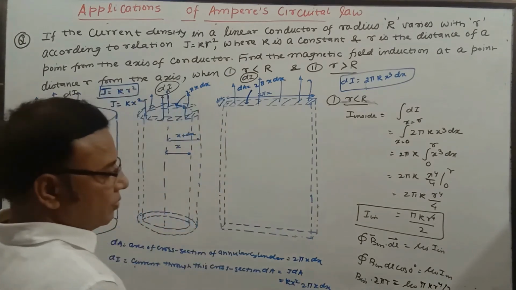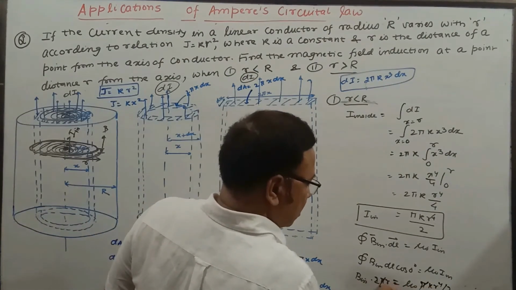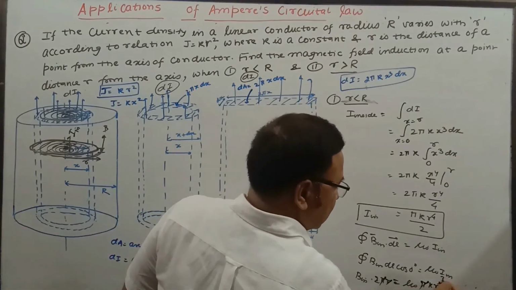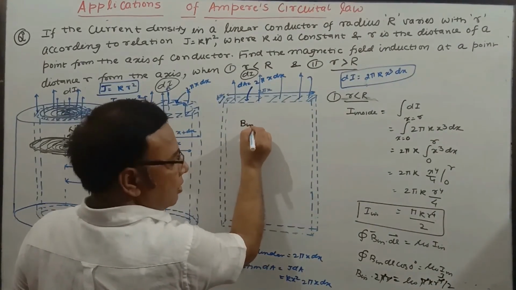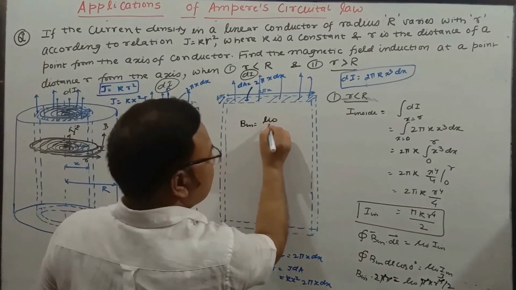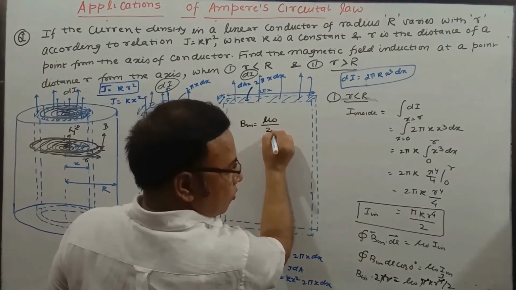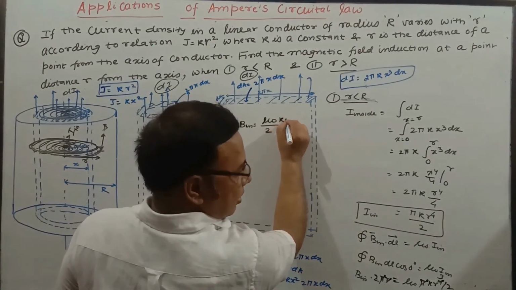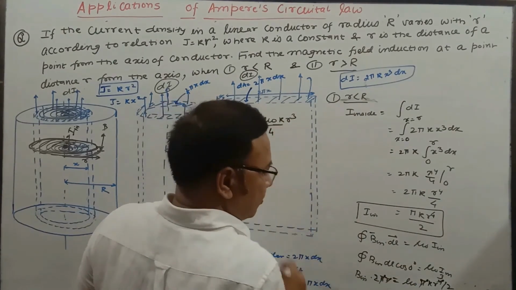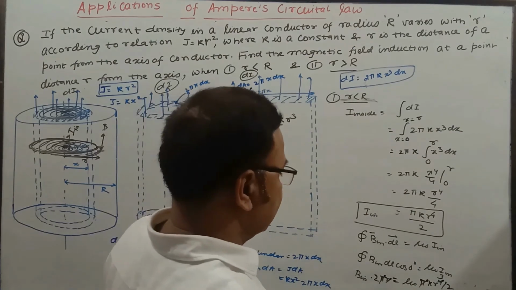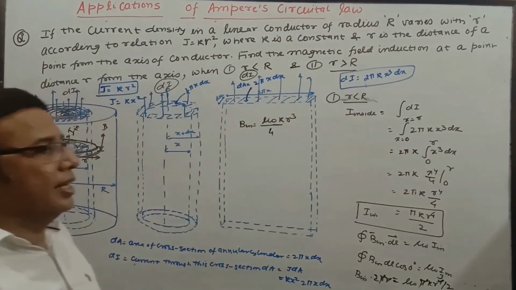Now we solve this one. Here pi is cancelled out. One of the r is cancelled out, so r cube. So B in is equal to mu naught upon 2 into k r cube, and these 2 into 2 is 4. So mu naught k r cube divided by 4, this is what we shall have.